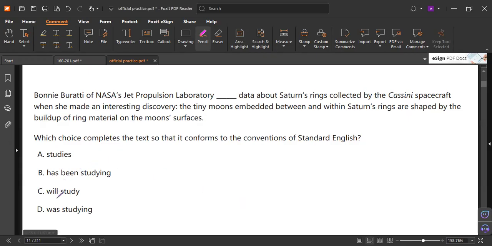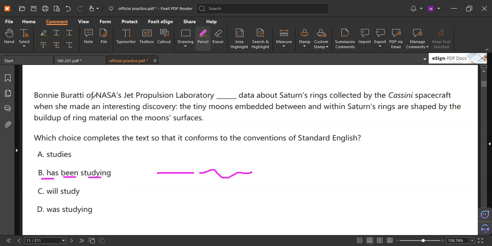There is no "has" there. "Has been studying." Yes. "Has been studying" means an action happened in the past and is still happening. Present perfect continuous. That happened in the past and is still happening or finished.